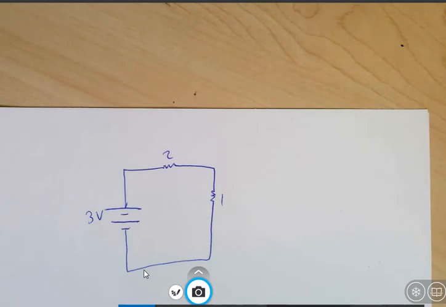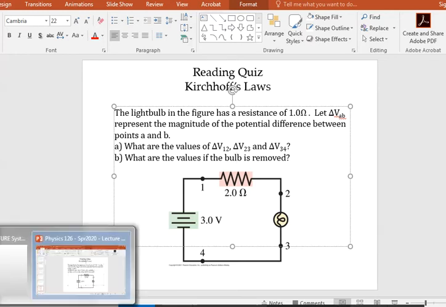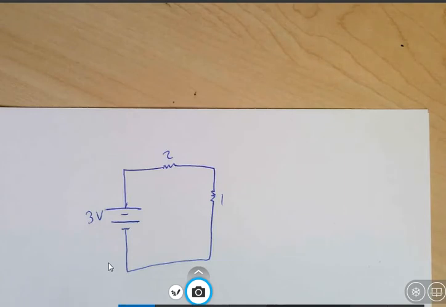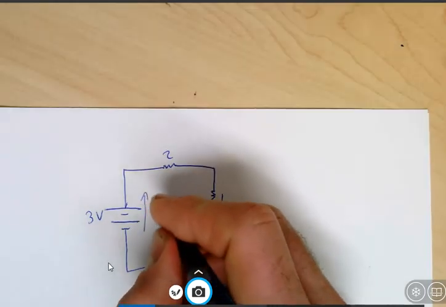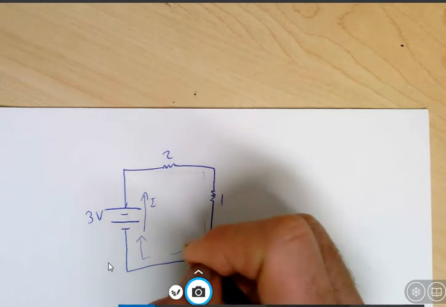We can take a look at this kind of circuit here, and we can apply Kirchhoff's voltage loop rule, which says that I can pick a direction for the current. Let's just say that the current is going up this way. And it's the same current, it turns out, that's going to be going all the way through this circuit here.